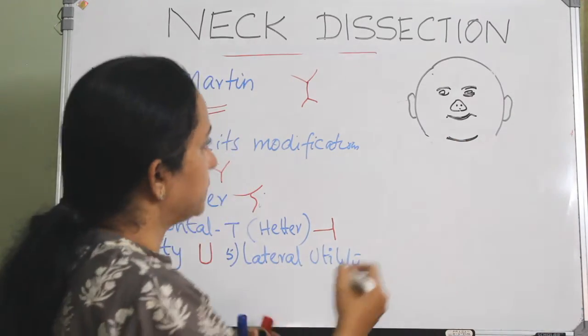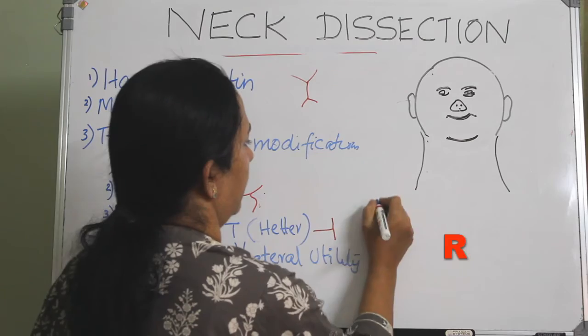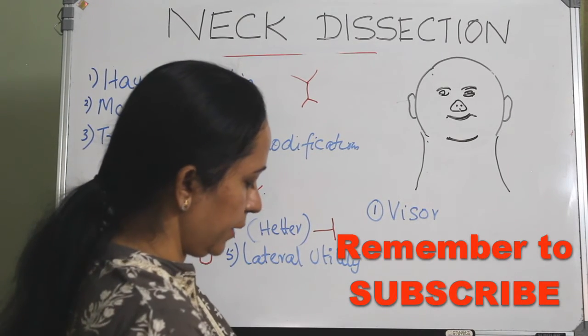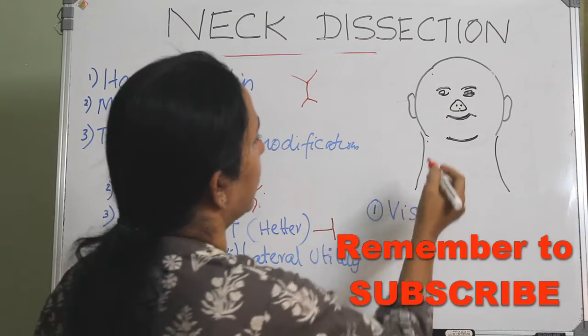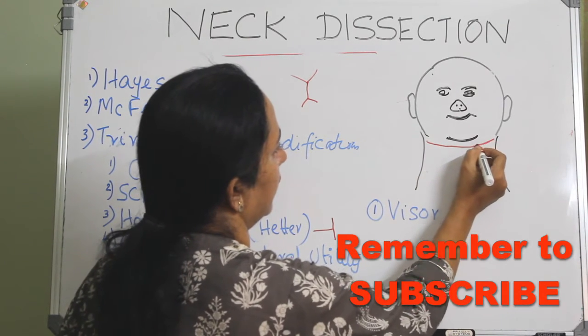And the neck. The first is the visor incision, starting from one angle of mandible up to the other angle of mandible, like a visor.